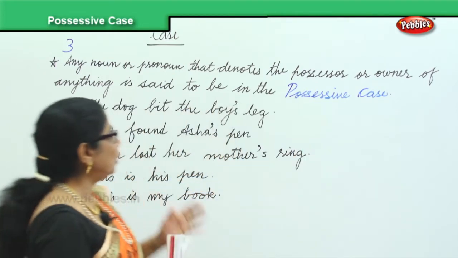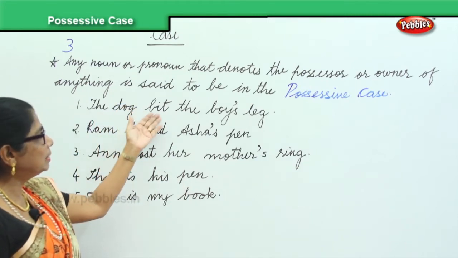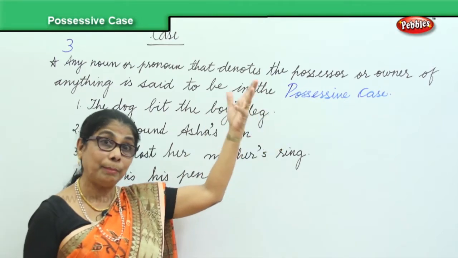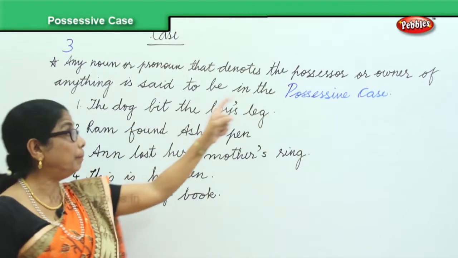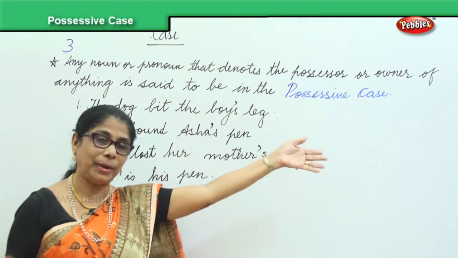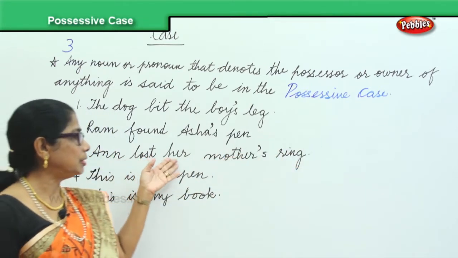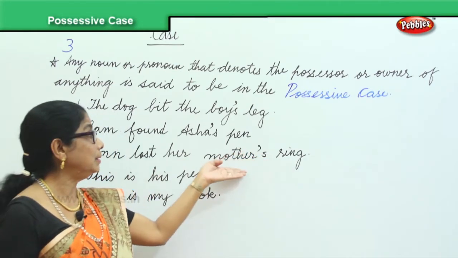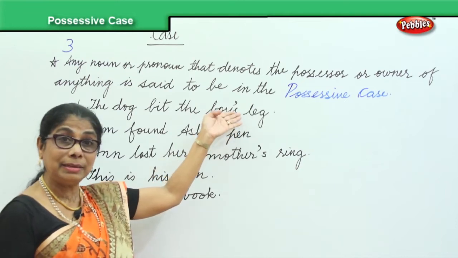Mala. So now look at this sentence. The dog bit the boy's leg. Whose leg? The boy's leg. Not my leg. Ram found Asha's pen and lost her mother's ring. So ring was mother's, pen is Asha's, the leg that is bitten is the boy's.